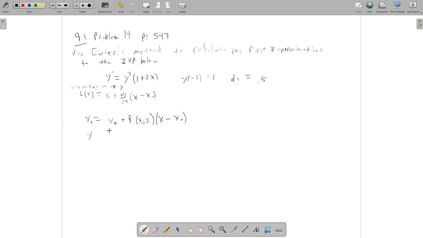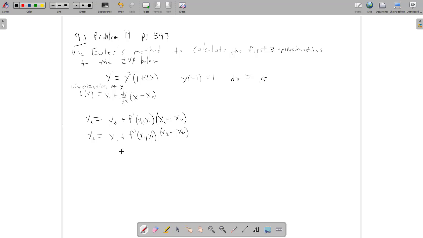This will be our next point we're looking at. Then our second approximation would be y1 plus f prime of x1, y1 times x2 minus x naught. And this is always just going to be 0.5, so there's not a whole lot to do there.